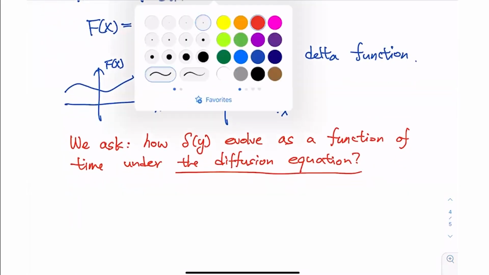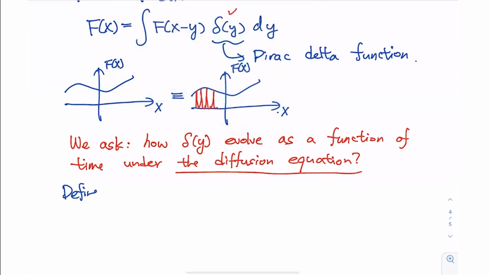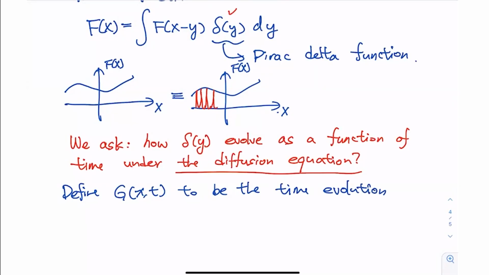So it's defined u of x,t. Okay, so to some extent, it is a time evolution for a very special initial condition. Like the initial condition, now we set it to be the delta function.